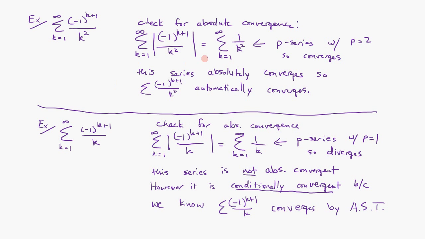So we see one example where the series absolutely converges, so you don't have to use the alternating series test. However, in the second case, it is not absolutely convergent, so you still have to check whether the original series converges or not using the alternating series test.